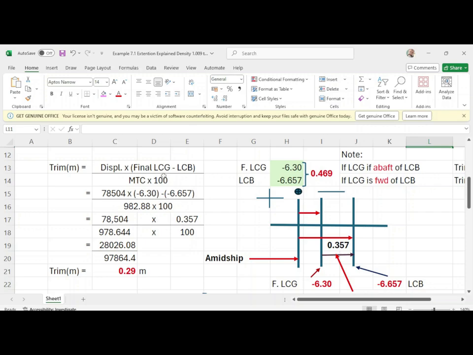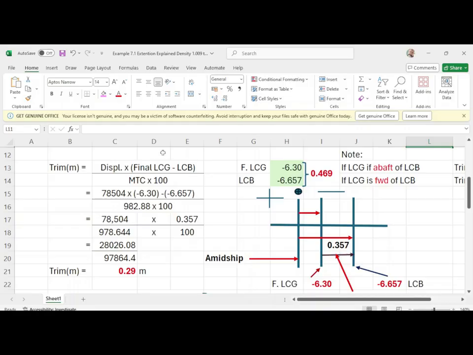So if the LCG is behind LCB, for sure your trim will be trimmed by the stern because of the gravity, the weight pulling it down, and the buoyancy forward pushing it up.